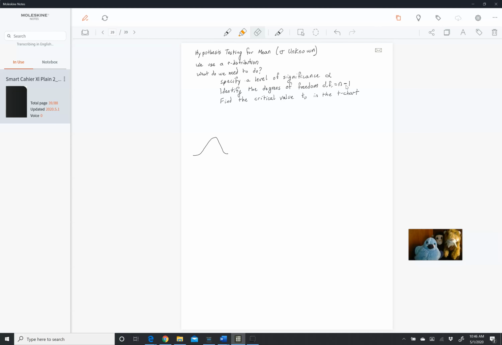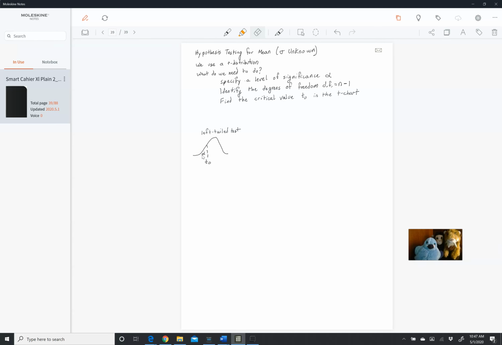Okay, so if this is our T0 and our alpha is down here, this would be equivalent to a left tail test. Okay, so again, instead of z0, we have t sub 0, where here's your level of significance, okay? And you're talking about a rejection region.